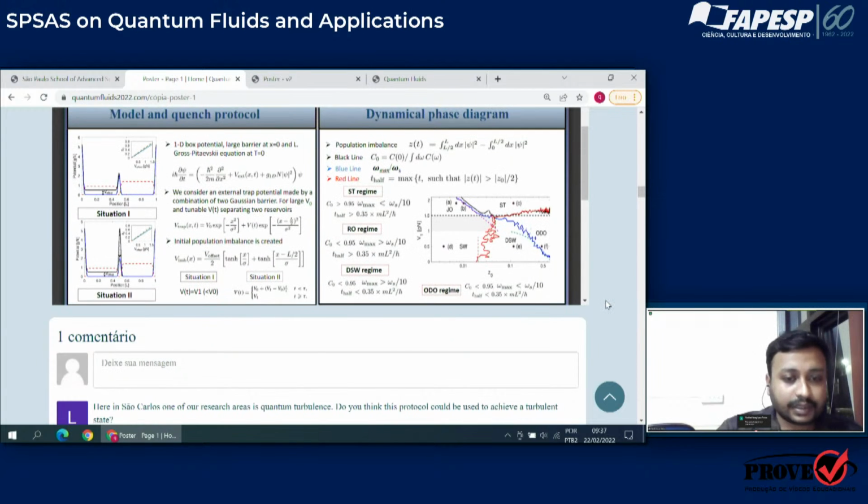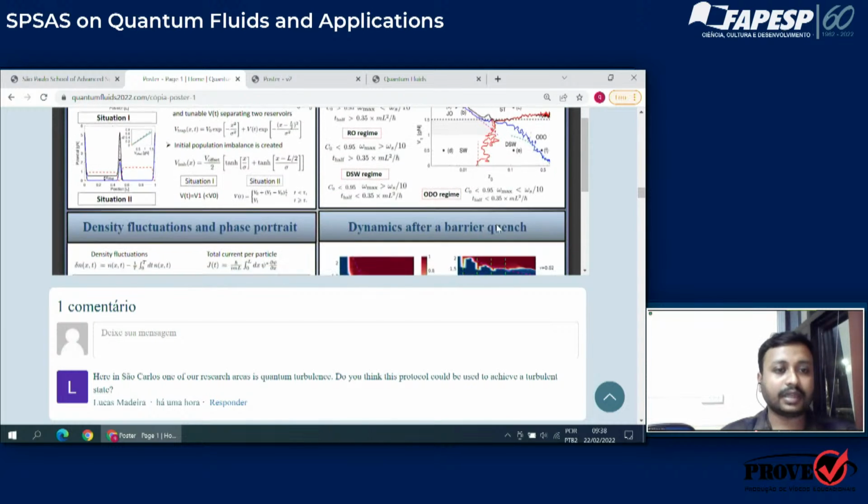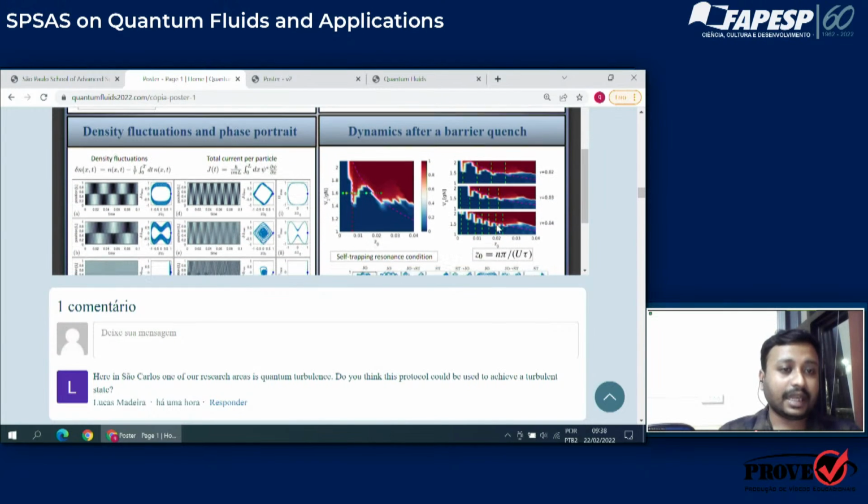So the question here: in Sao Paulo, one of our research areas is quantum turbulence. Do you think this protocol could be used to achieve turbulence? Okay, so we have used two situations, one with a fixed tunable barrier, and another with a time dependent barrier.